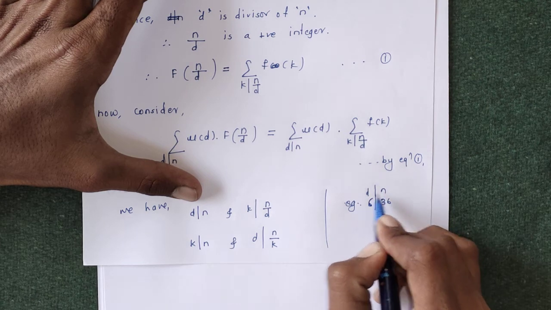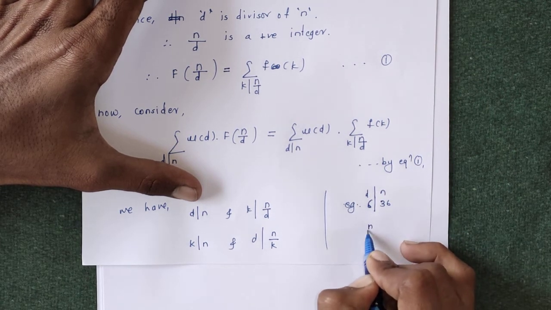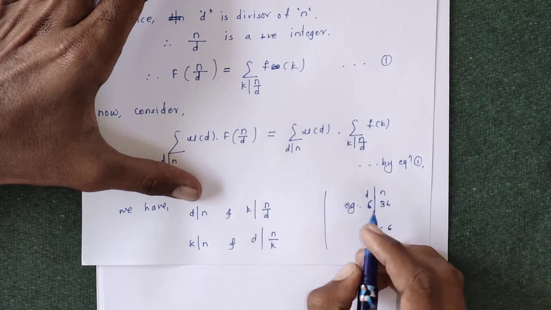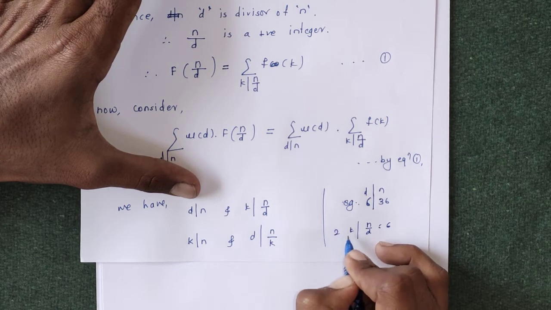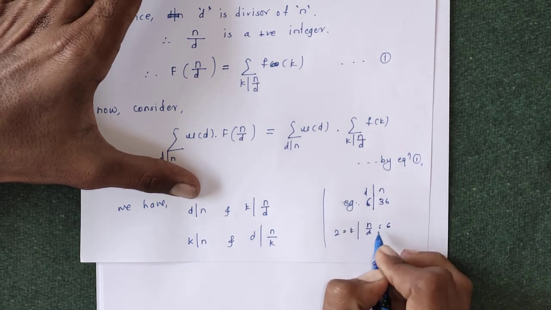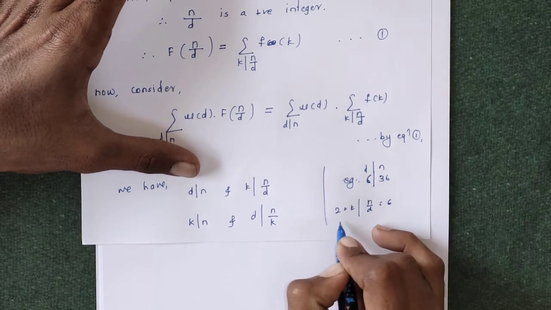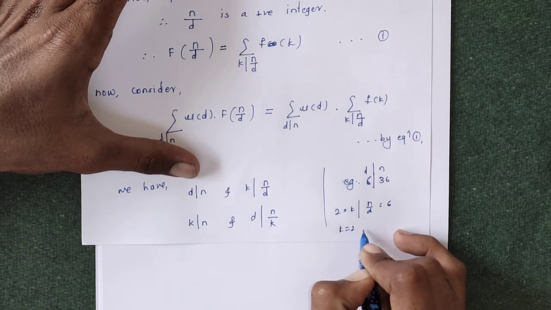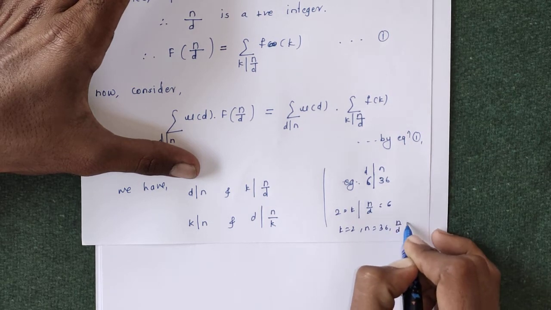Now n upon d, that is 36 by 6, is 6. So n by d will become 6, and k is any other divisor of 6, suppose 2. So clearly k is equal to 2, n is equal to 36, and n by d is equal to 6.